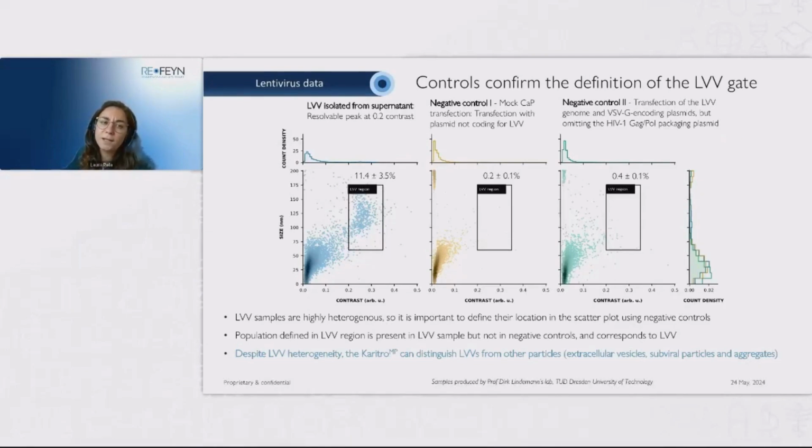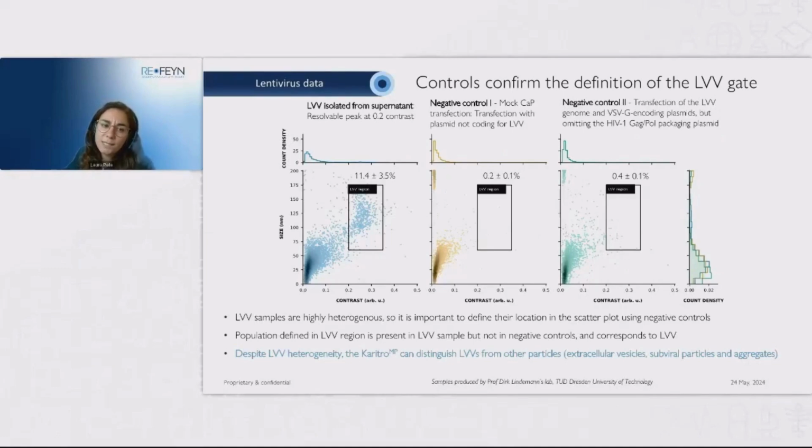Here what we've done is measure a positive control, which is the blue graph, versus two negative controls, which are the following two. The positive control, again, is a lentivirus isolated from supernatant, and then the first negative control is coming from a mock transfection. The second negative control is coming from a transfection of the lentivirus genome and the VSV-G plasmid, but without the packaging protein plasmid.